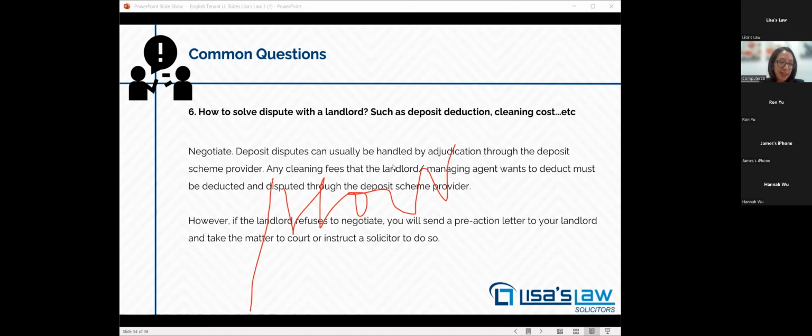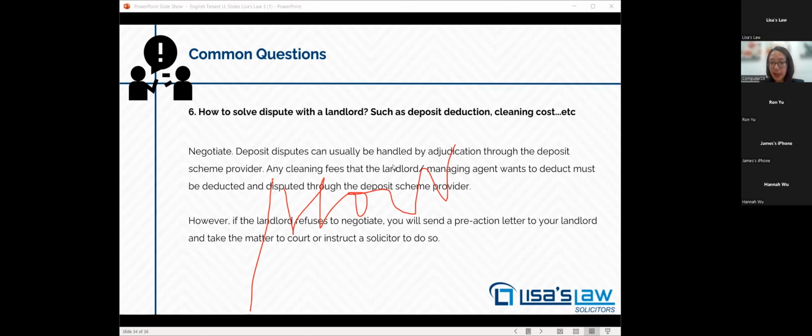This is a tricky situation, in which I would advise you not to end the periodic tenancy agreement now, unless the tenant has made a very great breach on their end.